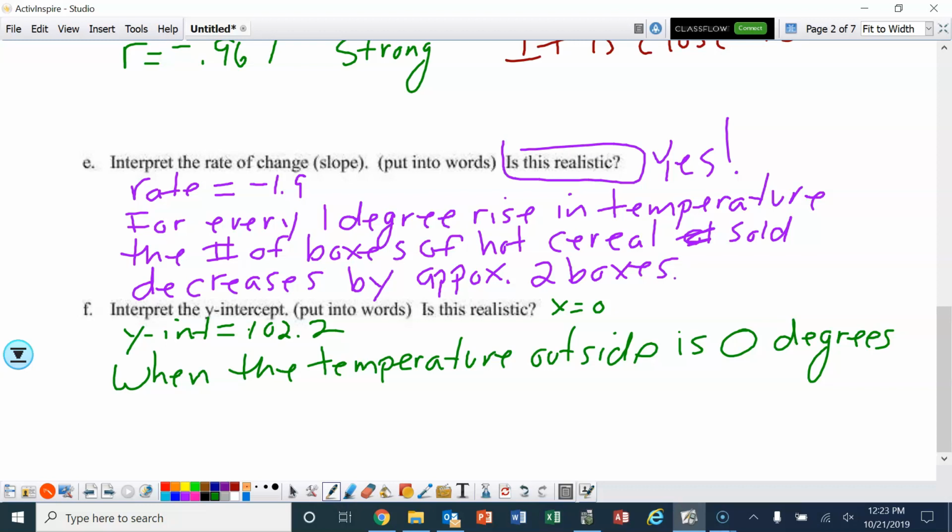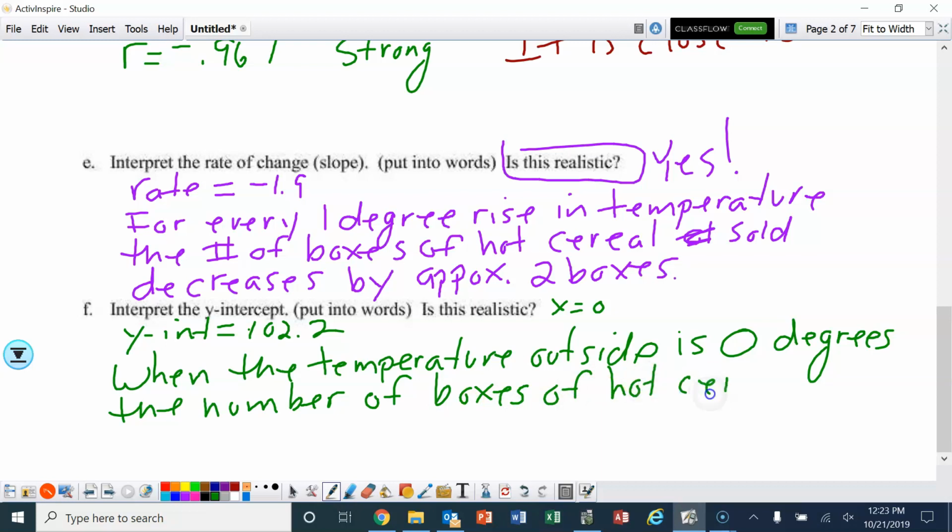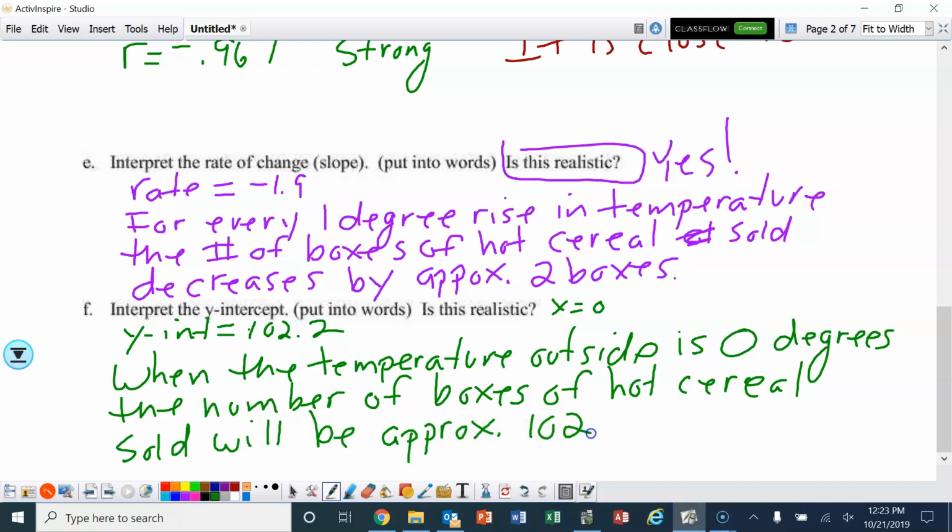When the temperature outside is 0 degrees, the number of boxes of hot cereal sold will be approximately 102.